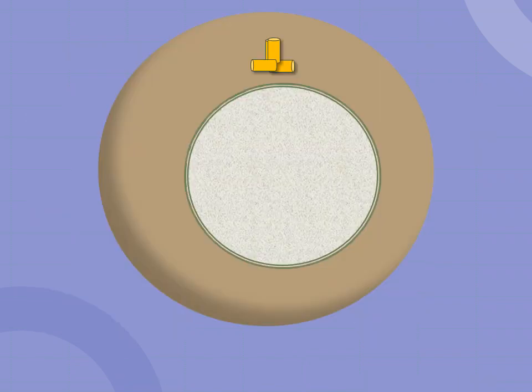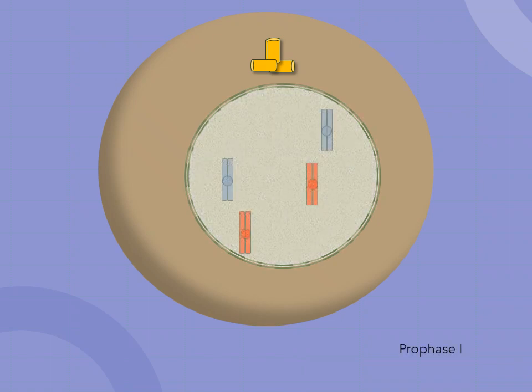So let's have a look at meiosis 1. As we go through, you'll notice that meiosis 1 has some significant differences to mitosis. We'll start in a similar way at prophase 1, with the breakdown of the nuclear membrane and condensation of the chromosomes. But this is where it'll start to change.